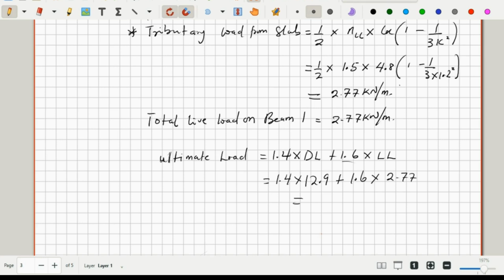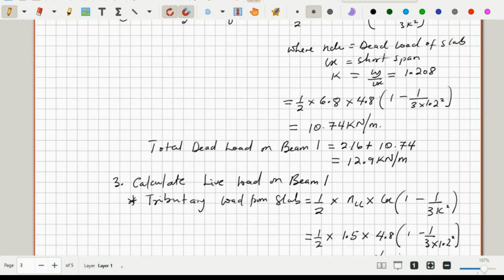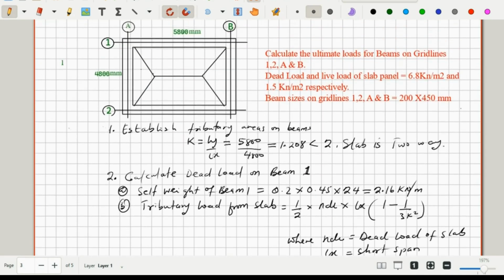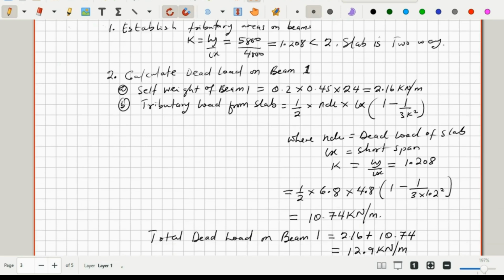And if we work that out, we'll have 22.5 kilonewton per meter. So this is the ultimate load acting on beam 1. And it will be the same load for beam 2 because they have the same tributary load distribution, and moreover the spans are also equal.